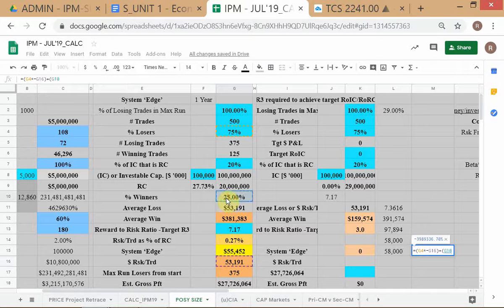Okay, 25% into, we have to put another bracket and put 7.36 multiplied by average dollar risk per trade. Did everybody understand this step? Because actually what I have to write here is average win. So I'm writing the average win as R3 multiplied by average loss.